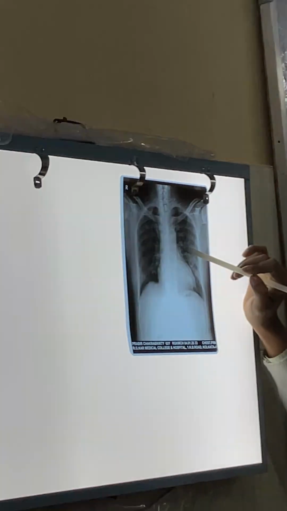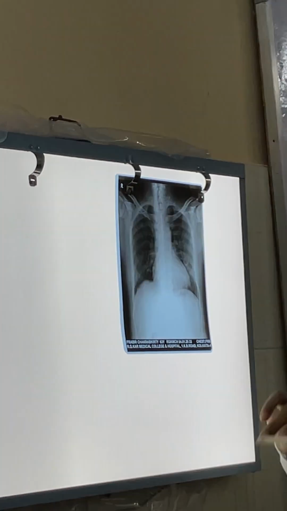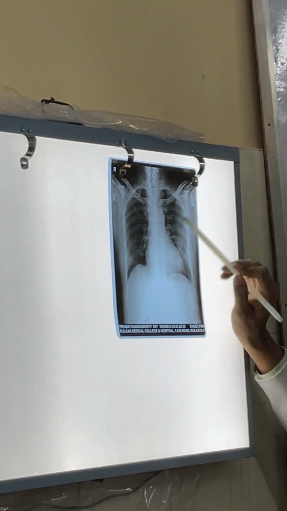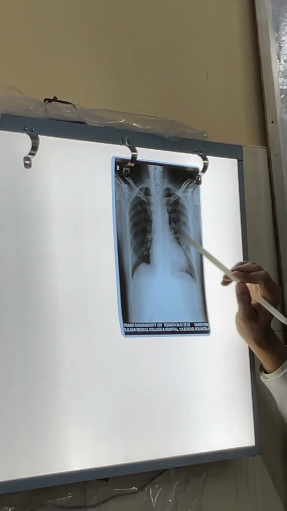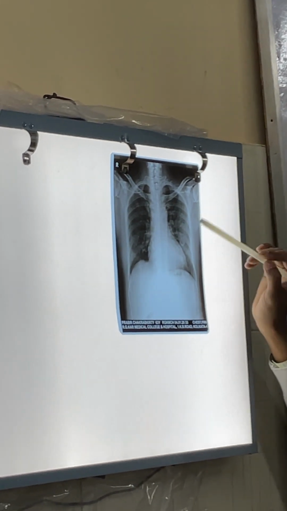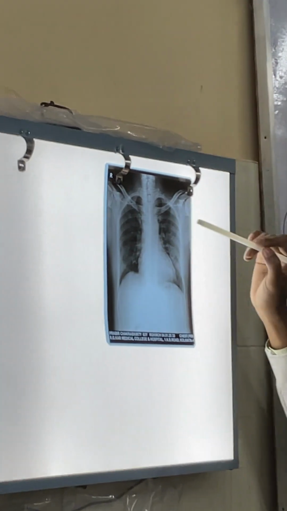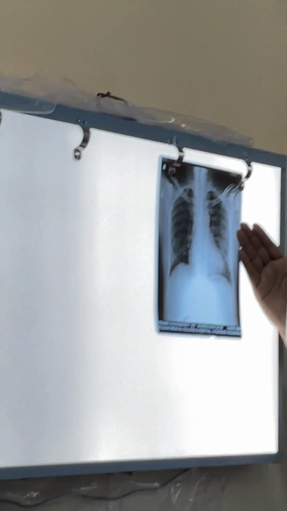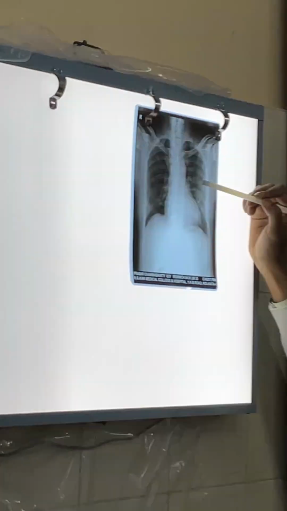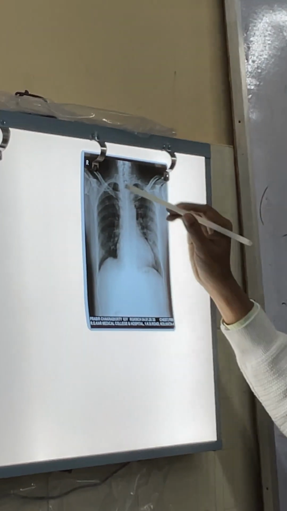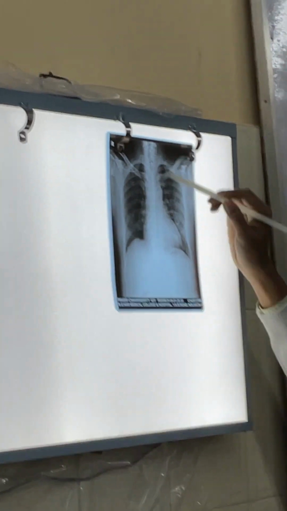So these blood vessel structures are there. Look from close, there are some blood vessels. Just look at it. There are blood vessels, and also there is some lung tissue, and also the alveolar structure. So all three structures give the lung fields.